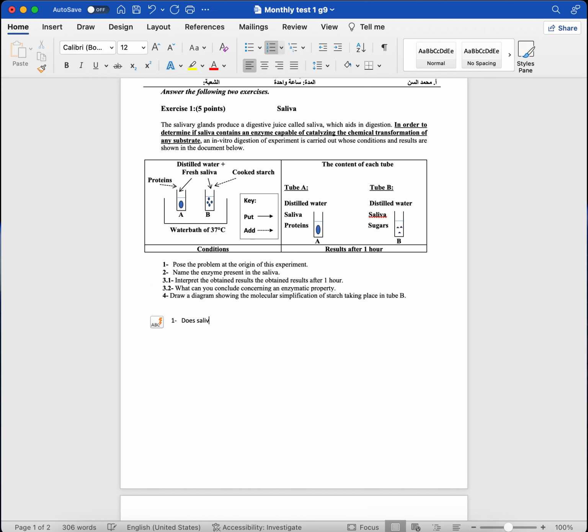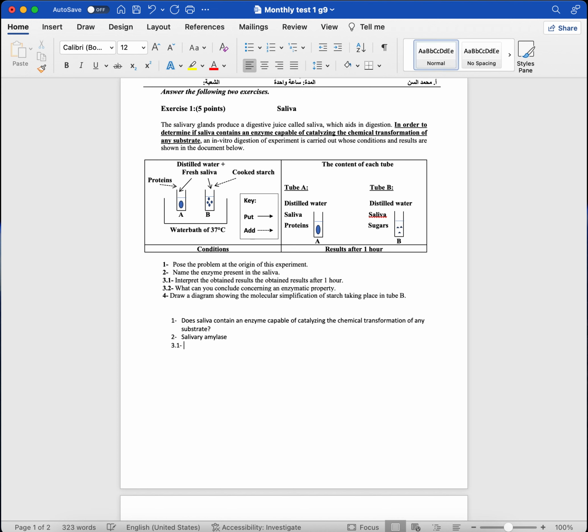Does saliva contain an enzyme capable of catalyzing chemical transformation of any substrate? Name the enzyme present in saliva. We have only one enzyme, which is called salivary amylase.